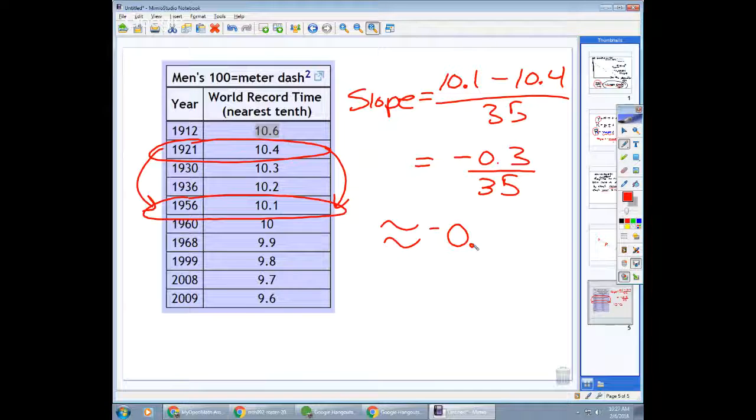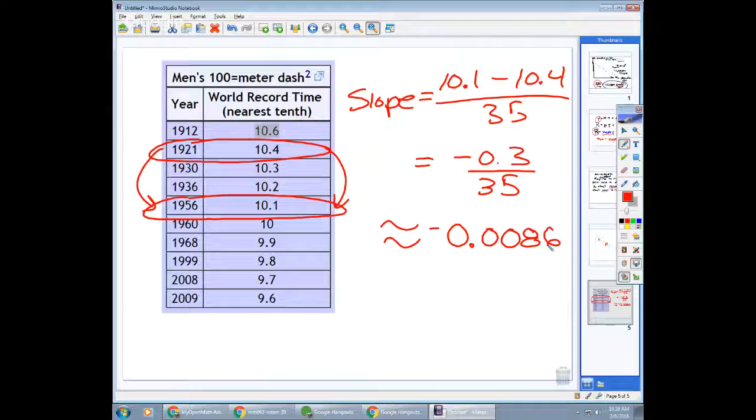Okay. 4 decimal places maybe. Let's call it negative 0.0086. Cool. That's not too far off what the computer said for a slope, and that's okay. So that's what we think the slope is.